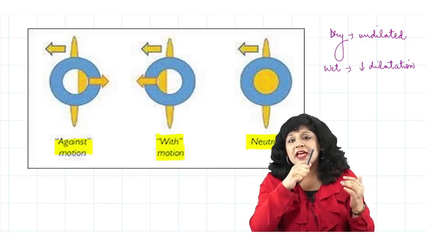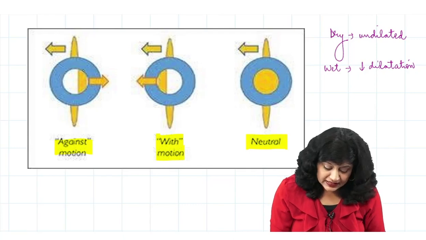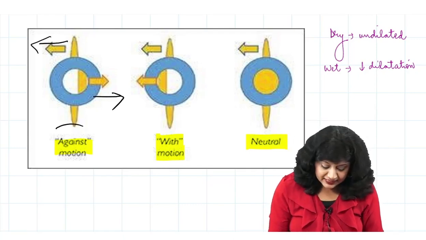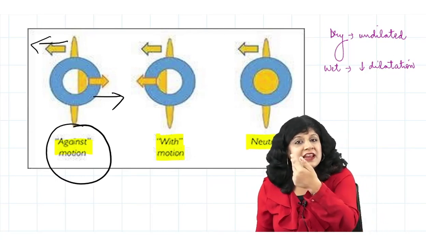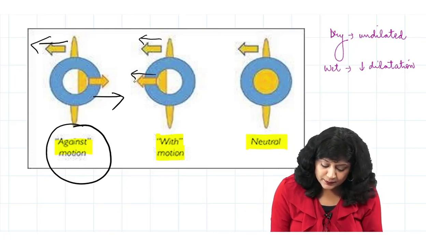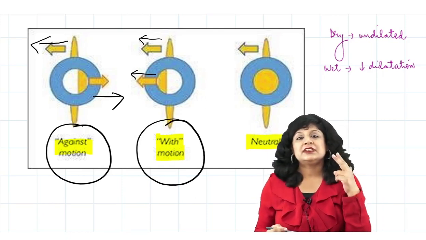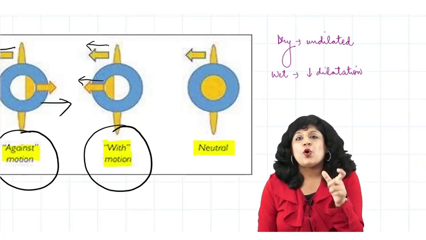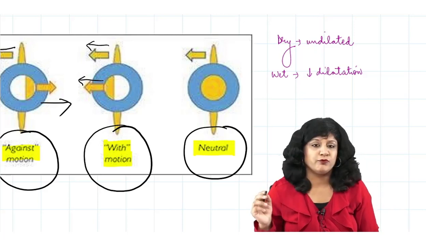If they are moving in the opposite direction, then this is called against movement. When the light reflex is moving in the same direction as the retinoscope, this is called with motion, while the third is neutral. Neutral means you do not have any movement here.